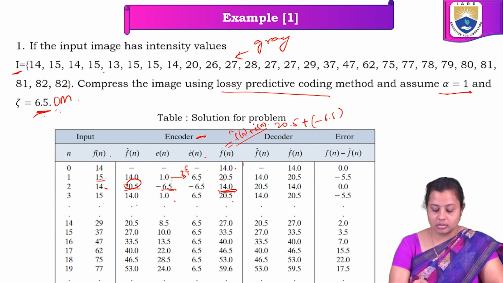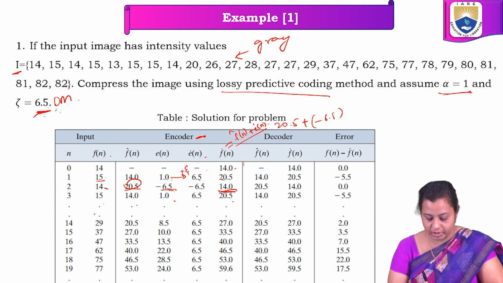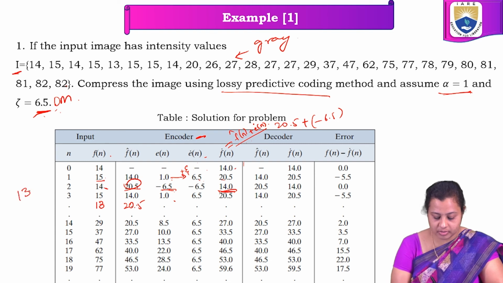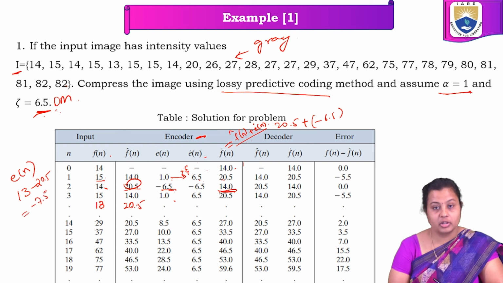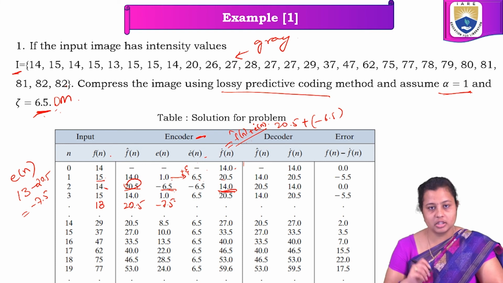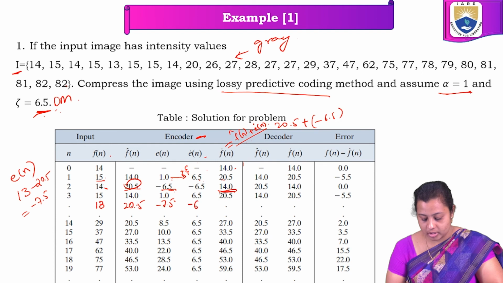So let's consider the small example. The next sequence we will try to do is 13. The previous predicted value is 20.5, right? So the error E of n is 13 minus 20.5, which is equal to minus 7.5. This error is less than 0, so we are giving it to be minus 6.5.